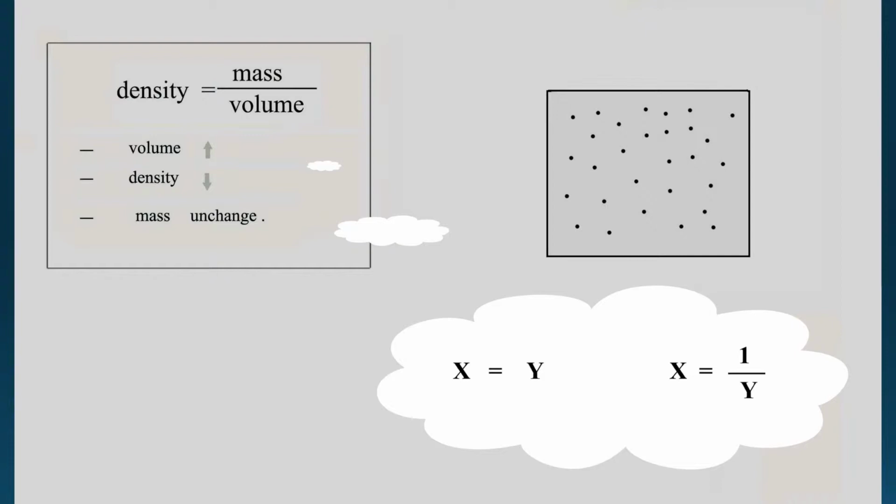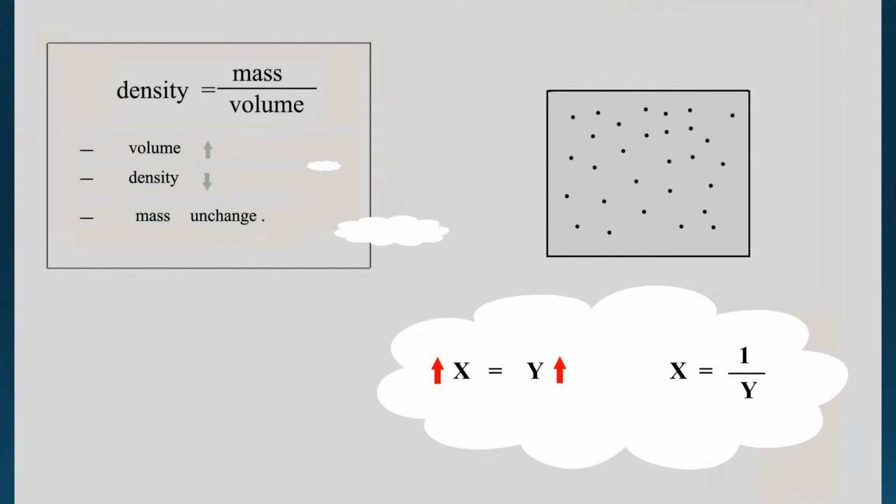Let's talk a little bit about mass. If you see an equation x equal to y, it is different from an equation x equal to something over y. What's the meaning? Let's see. If x increases, y will increase.